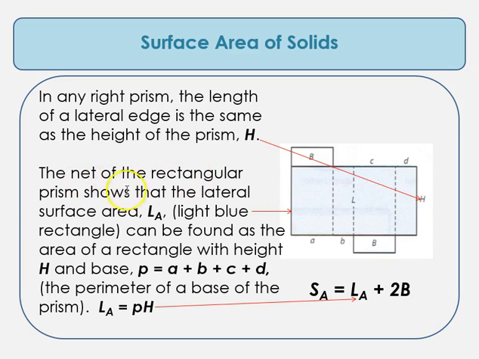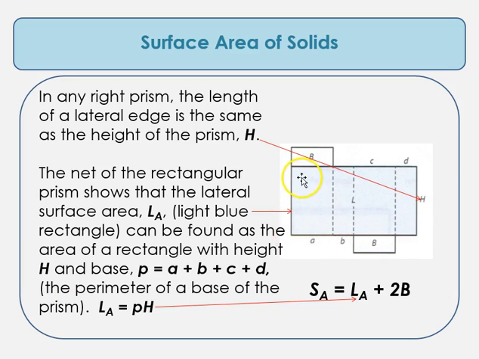The net of the rectangular prism shows that the lateral surface area, LA, the light blue rectangle, can be found as the area of a rectangle, just like we have before. But in this case, we're going to be multiplying the perimeter.